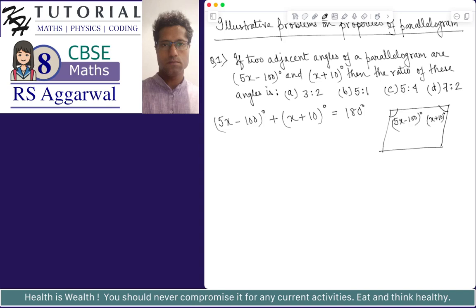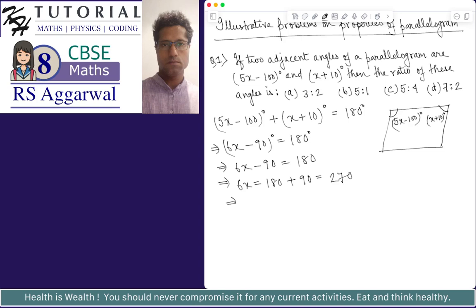So we have this. Now simplifying the LHS, we have 6x minus 90 degree is equal to 180 degree. We can ignore the degree from both sides. We get 6x minus 90 is equal to 180. This implies 6x will be equal to 180 plus 90, which is 270.